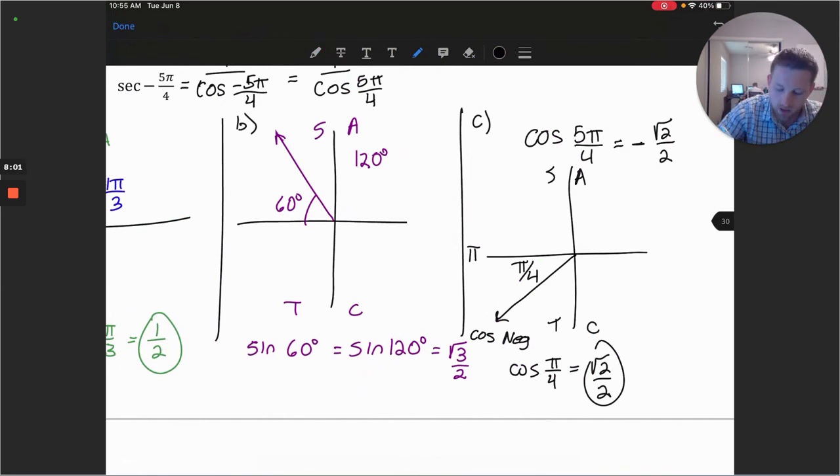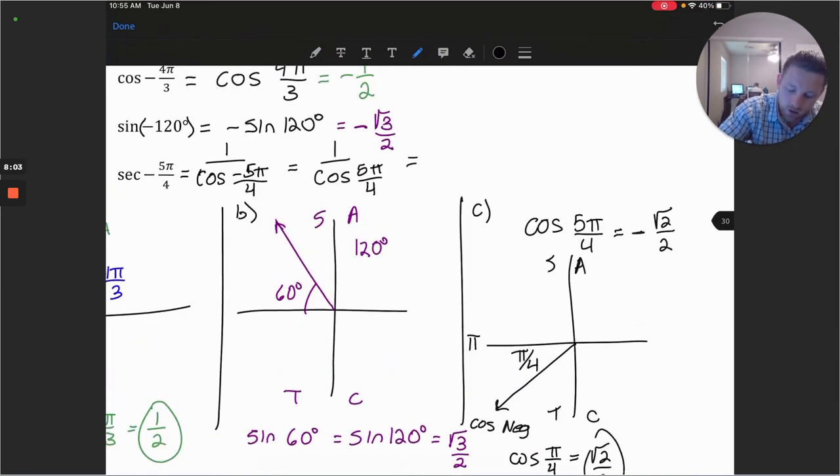And so when I put this back, I'll have 1 divided by negative root 2 over 2. We'll want to take the reciprocal of that result, which would give us negative 2 over the root of 2.